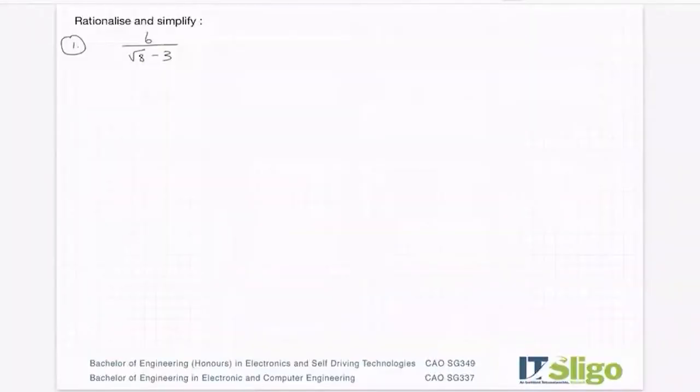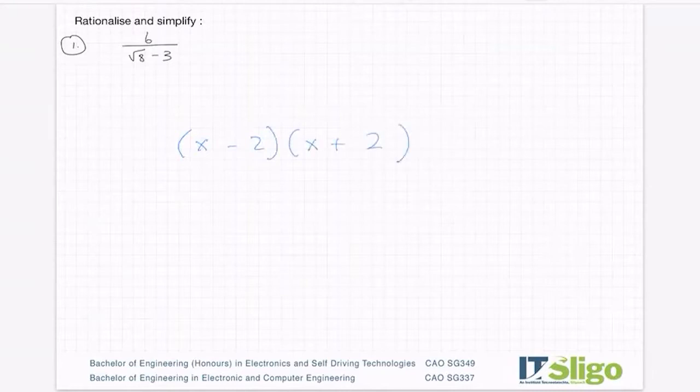Okay, so how do we make the bottom a rational number? In other words, how do we force it to a situation where there's no surds in the bottom? Well, if I show you something quite different. Okay, so it's like the difference of two squares.